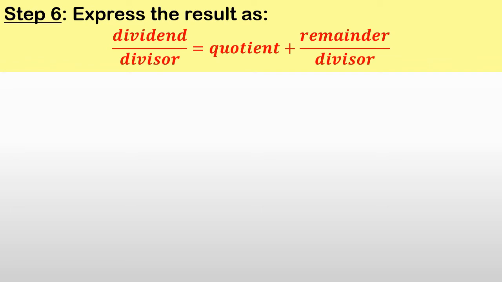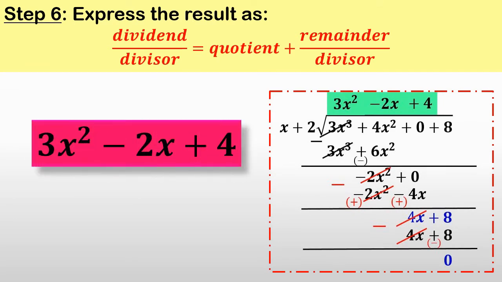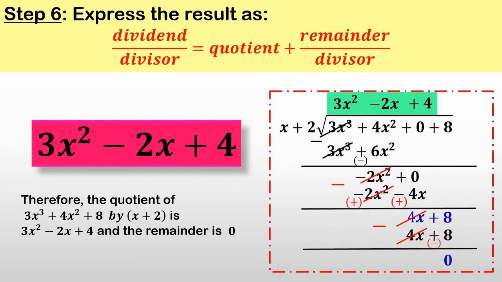Express the result as dividend divided by divisor. So, it is equal to quotient plus remainder over divisor. So, based on our solution, the quotient of 3x cubed plus 4x squared plus 8 by x plus 2 is 3x squared minus 2x plus 4.